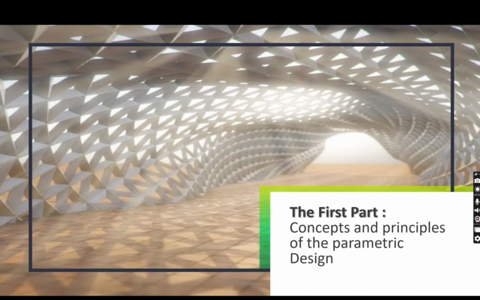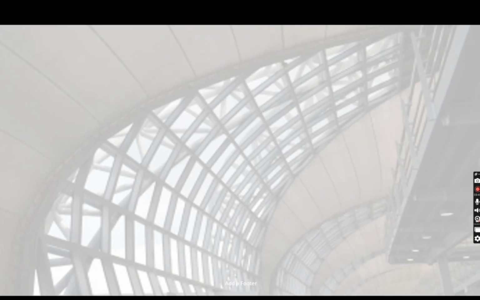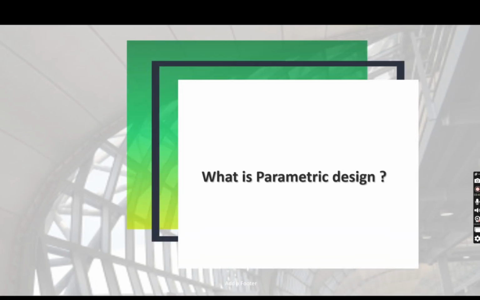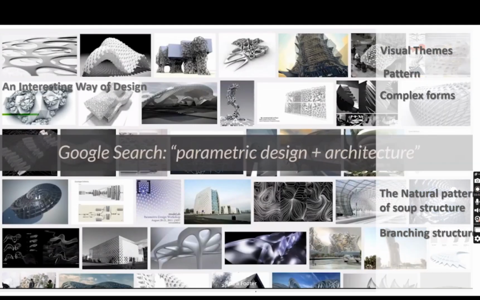We'll start with the first part: concepts and principles of parametric design. The fundamental principles of parametric design. First, what is parametric design? As we know, when you go to Google search and write parametric design and architecture, you will find an interesting way of design.